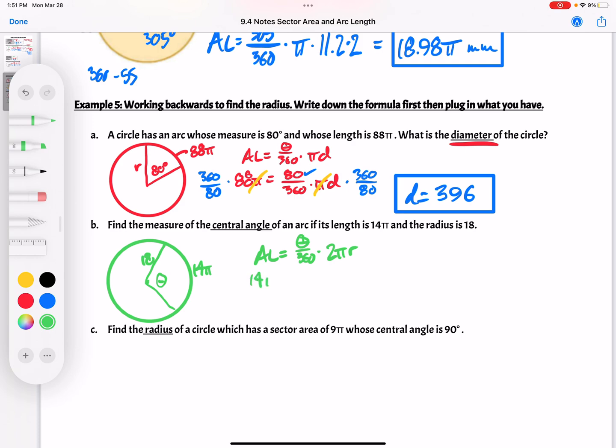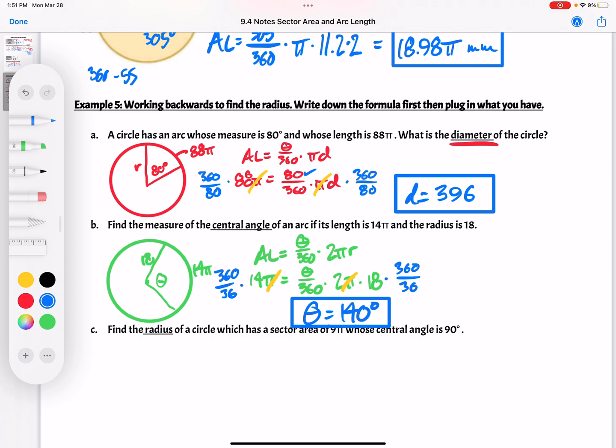So arc length is 14 pi equals theta over 360 times 2 pi times 18. Again, my pi's cancel. I'm going to multiply times 360. 2 times 18 is 36. So 360 over 36, which of course is 10. So my theta equals 140 degrees.